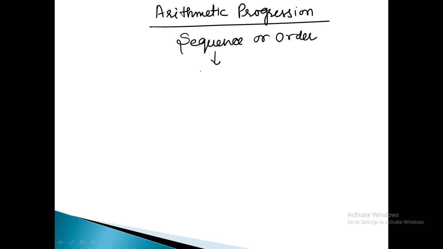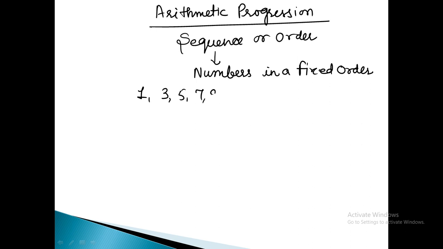Sequence means numbers in a fixed order. For example, we have the numbers 1, 3, 5, 7, 9, 11, 13. These numbers are in a sequence because here the differences are equal.